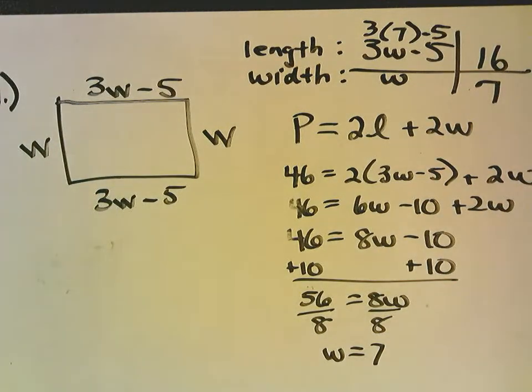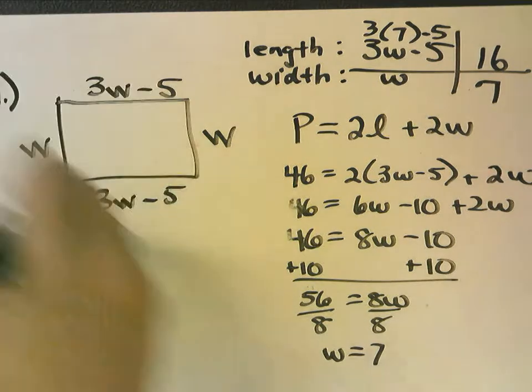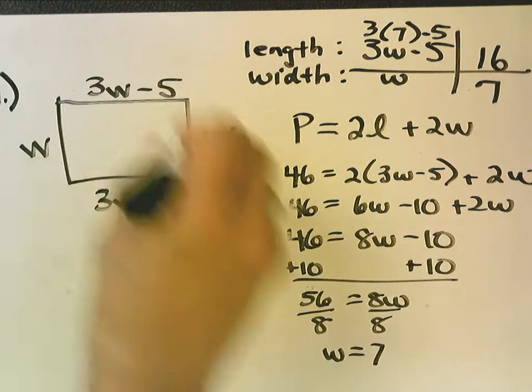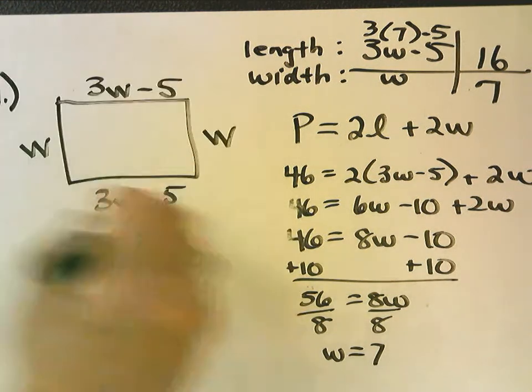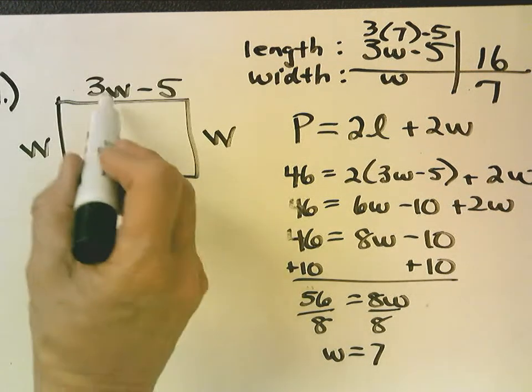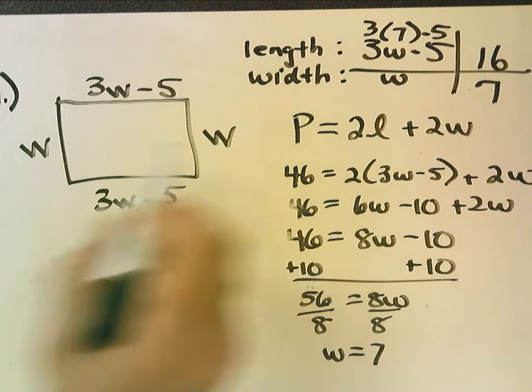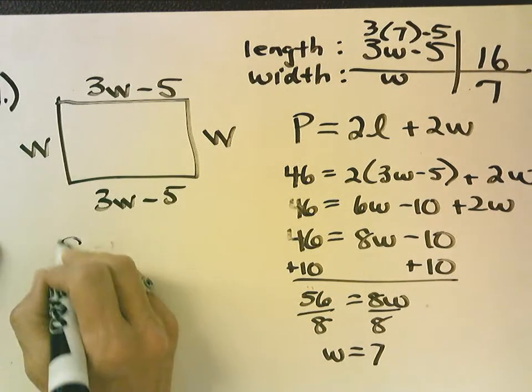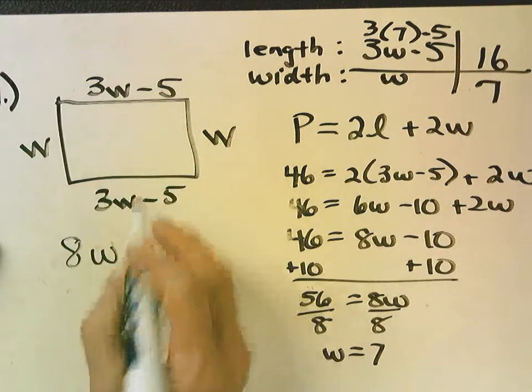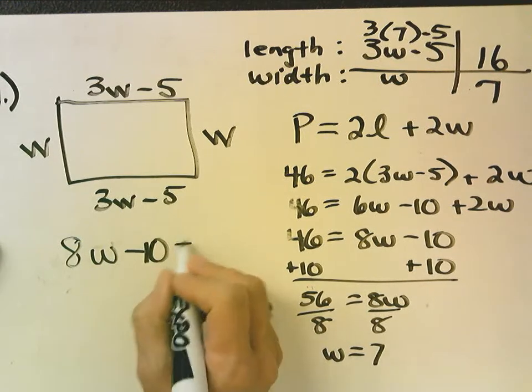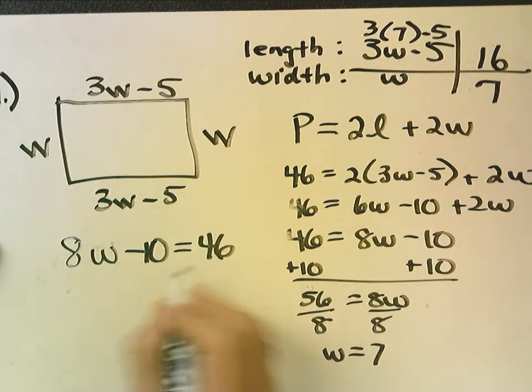Okay, now another way to do this is to say, okay, I know how I can get the perimeter. I can just add all 4 sides. So if I add 3W plus 3W is 6W, plus W is 7W, plus W is 8W, right away I can set 8W minus 10 equals 46.